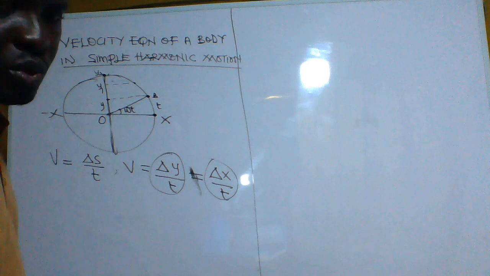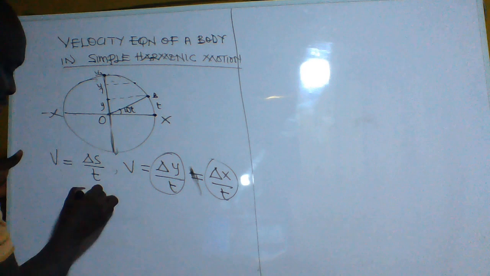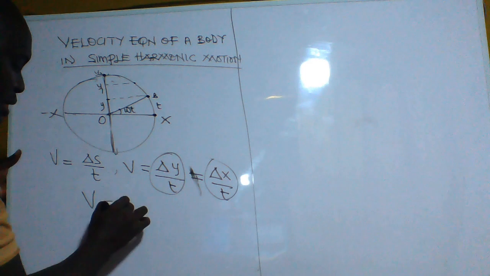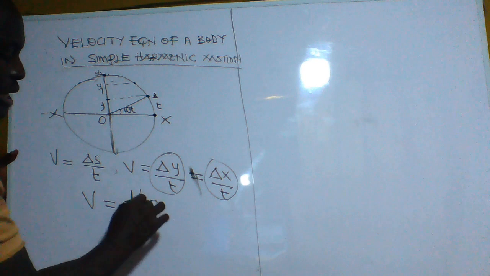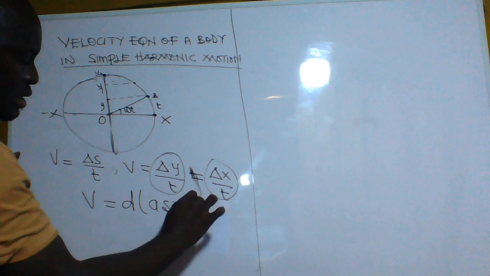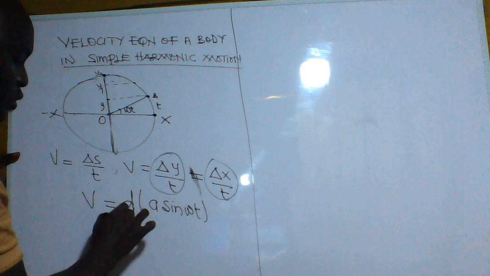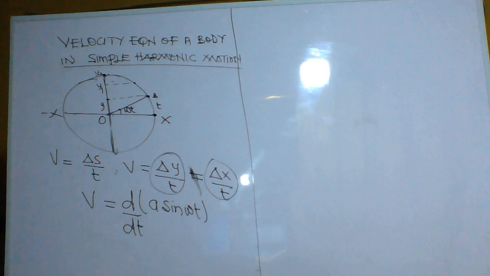Okay, so velocity will be equal to the differential of the displacement function, which is a sine omega t, divided by the changing time dt.